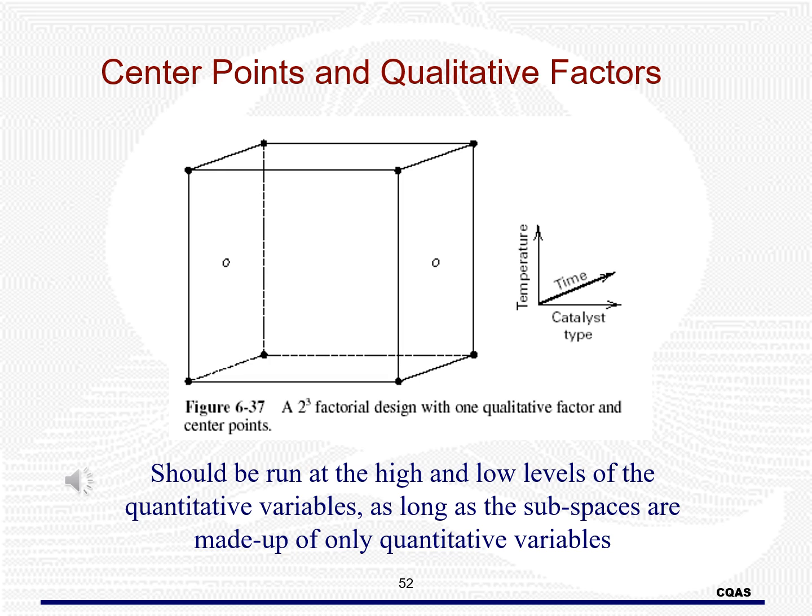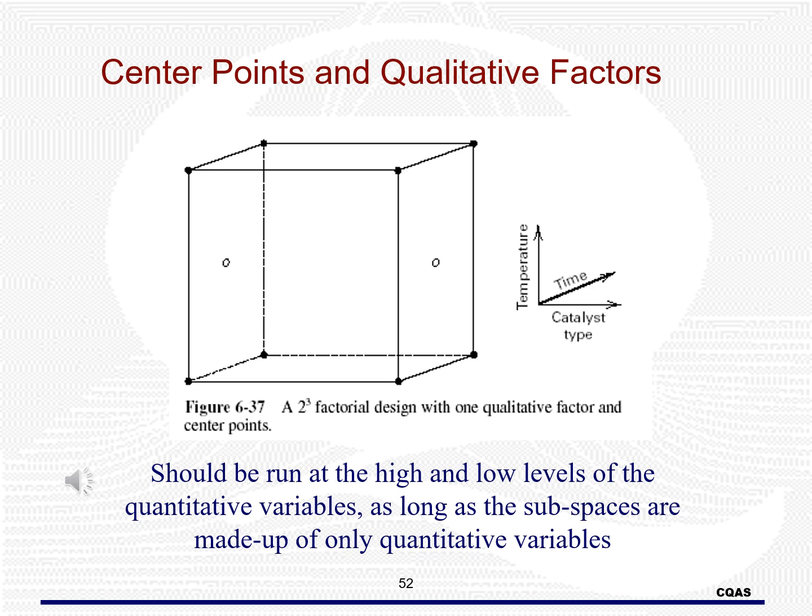If we have a situation where we have a mix of qualitative and quantitative factors, and we want to utilize center points, then we need to have the same number of center points for each level of the qualitative factor. For example, let's assume that we have the three-factor experiment above, where catalyst type is qualitative. Now we want to run 4 center points in the design.